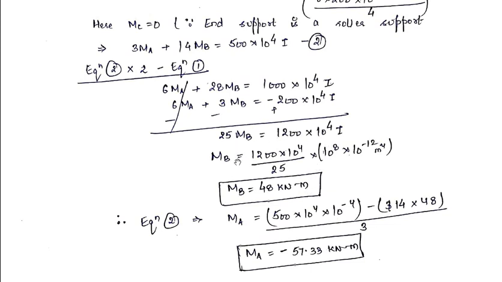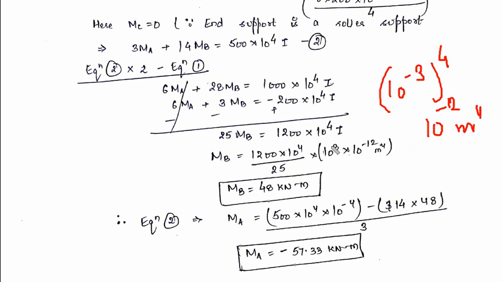Now while calculating the value of MB, you will have to put the value of I. The value of I in the question is given as 10 to the power 8 mm to the power 4. We know that 1 mm is equal to 10 to the power minus 3 meters. Now here the unit is mm to the power 4, so this will also be to the power 4. So this will become 10 to the power minus 12 meter to the power 4.